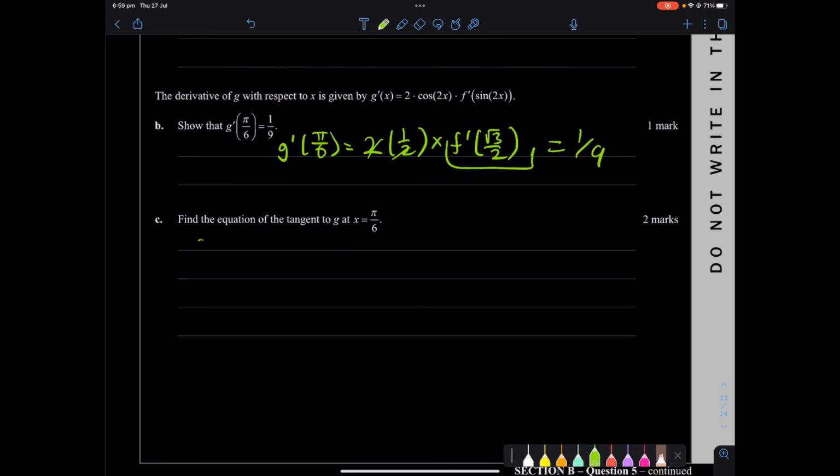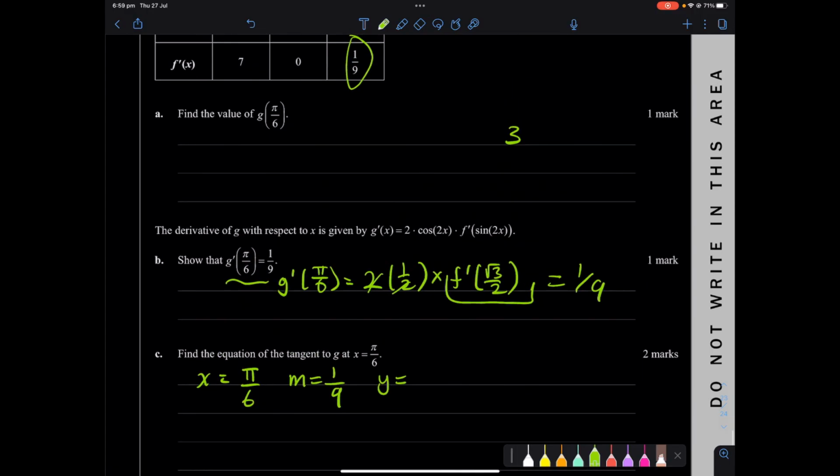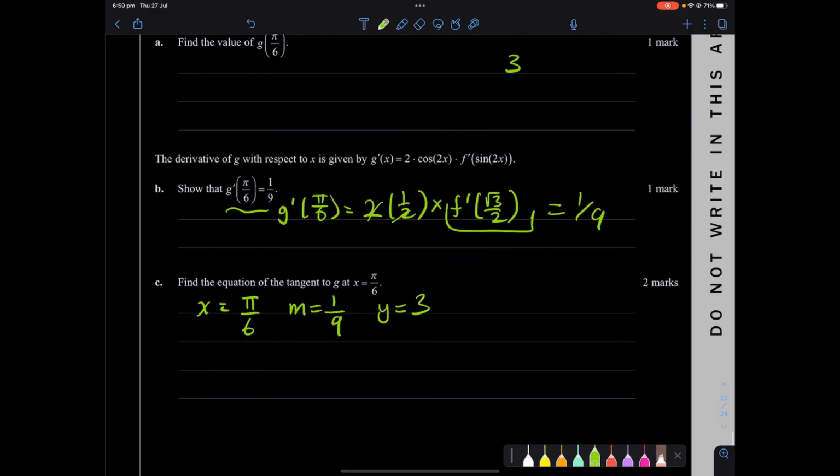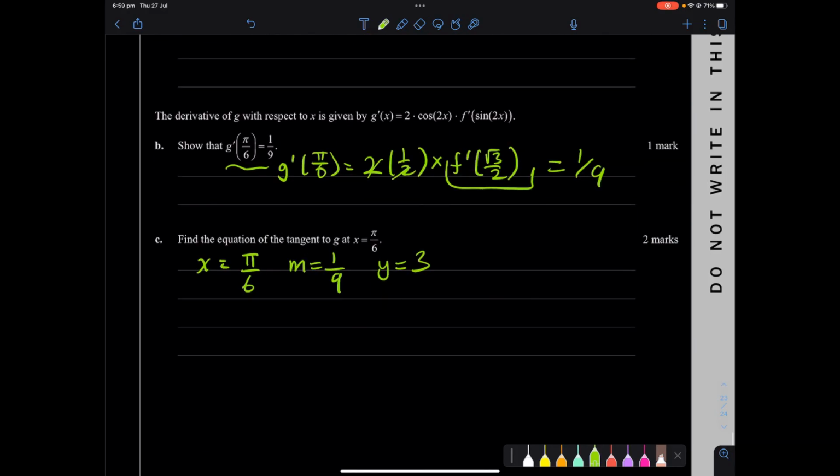We know that x is pi on 6. We know the derivative when x is pi on 6 is 1 on 9, so we know that m is 1 on 9. What about the y? Didn't we just calculate it? When g of pi on 6, which was 3. We just put them all together, so y minus 3 equals 1 on 9 times x minus pi on 6.